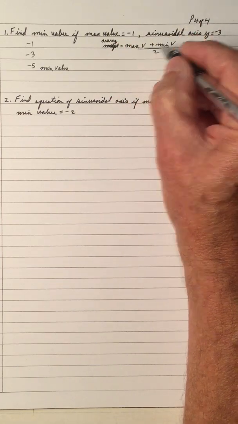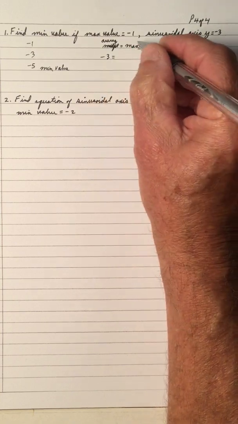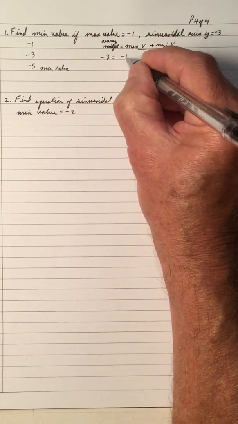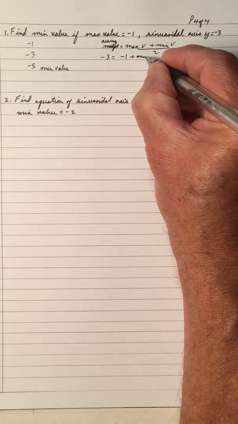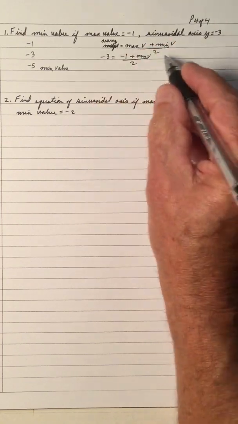So the sinusoidal axis is -3. The maximum value is -1. Add on the minimum value that we're going to work out, and we divide by 2.